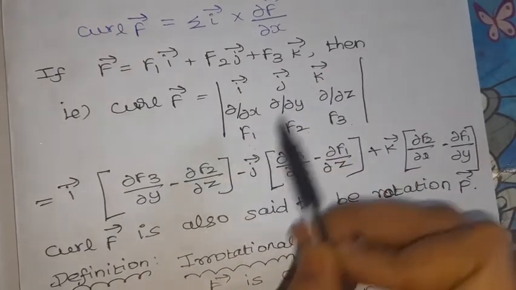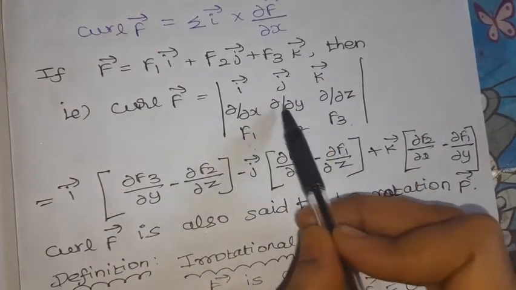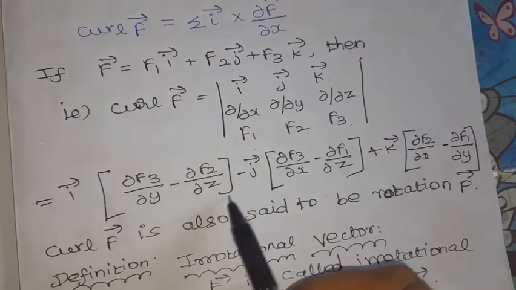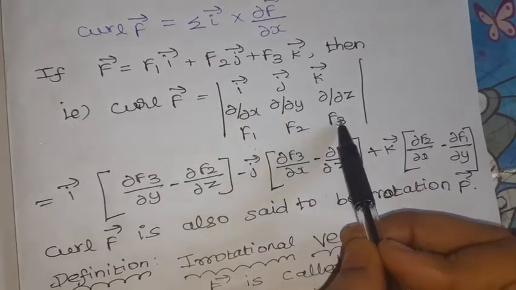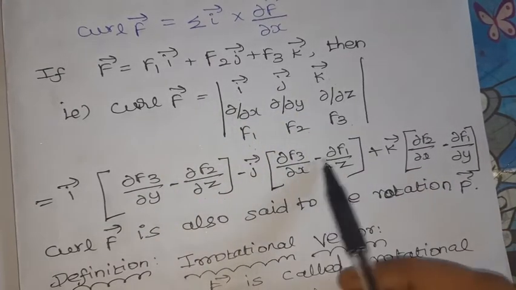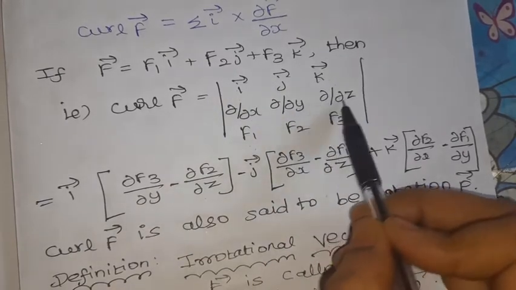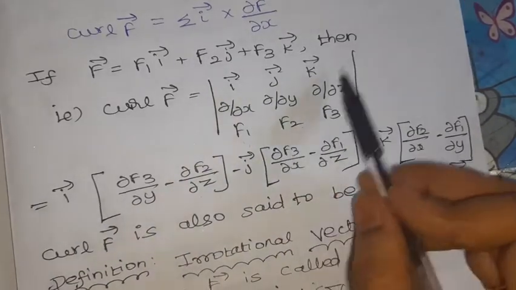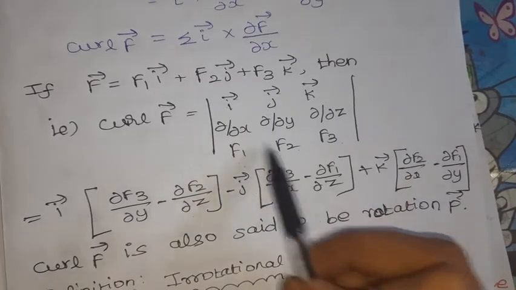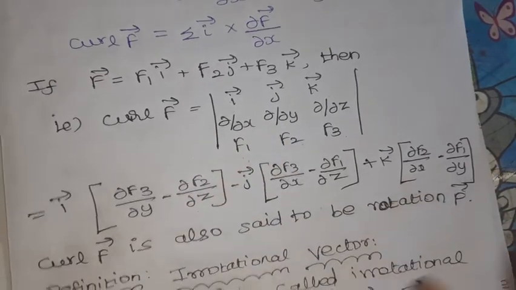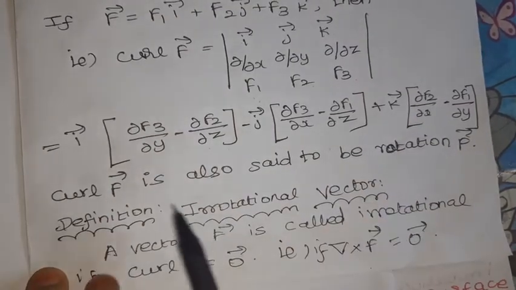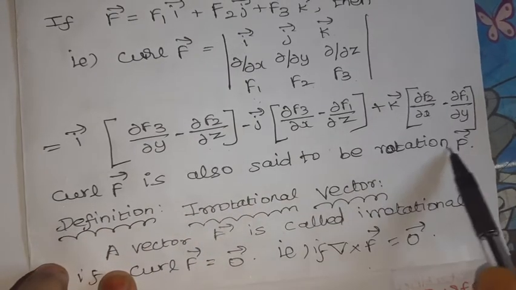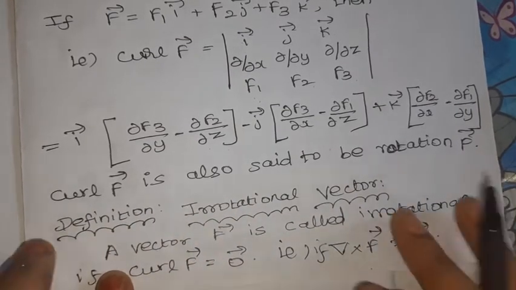So i into dou f3 by dou y minus dou f2 by dou z, minus j into dou f3 by dou x minus dou f1 by dou z, plus k into dou f2 by dou x minus dou f1 by dou y. Curl f is also said to be rotation f.